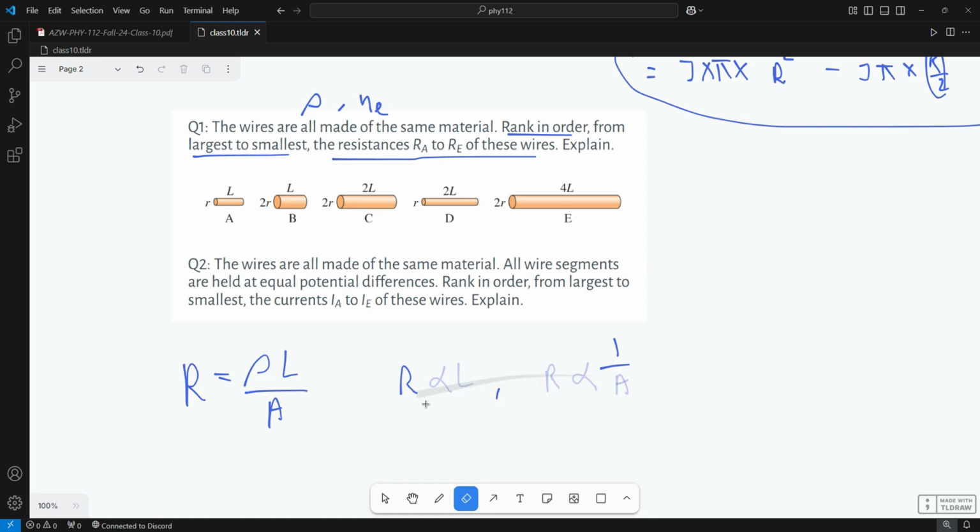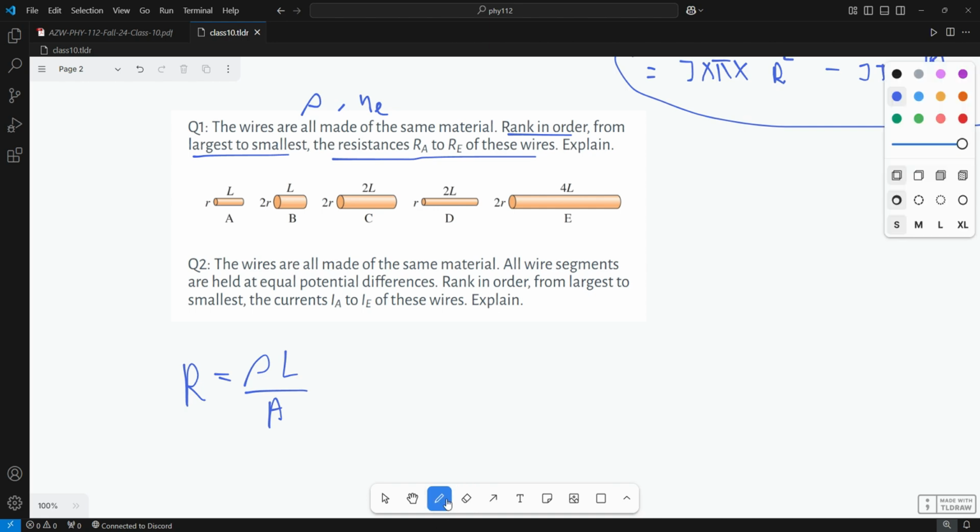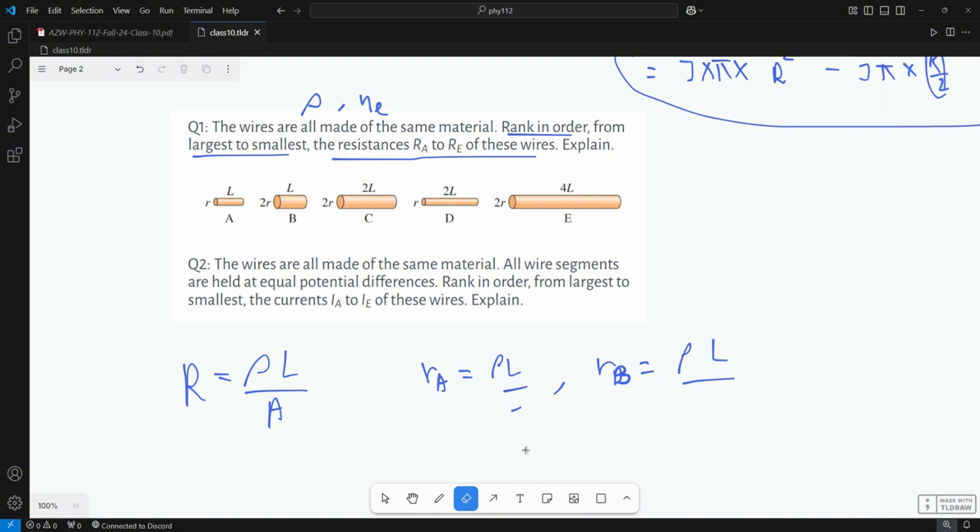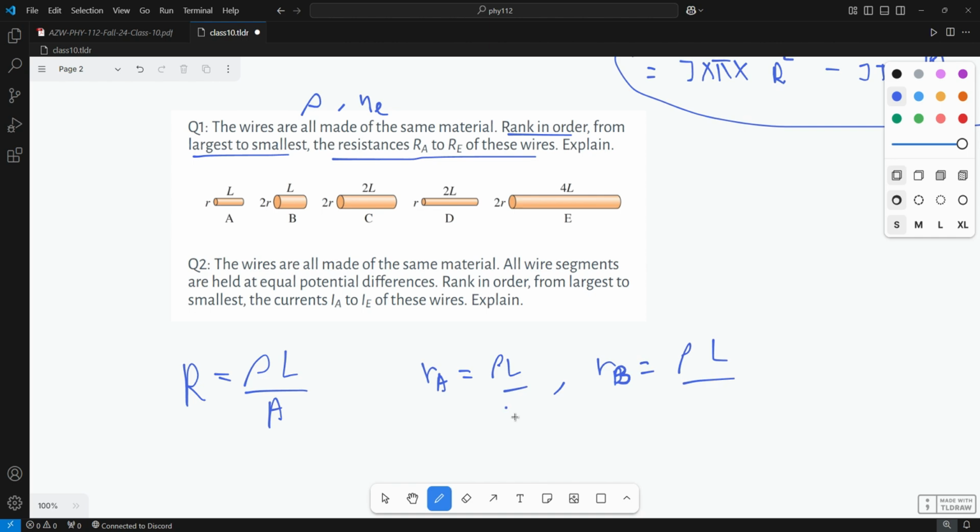So I'll be just using this formula. For A, the value of Ra will be rho L by A. For B, the value of RB will be rho times L by, let's just substitute A with pi r squared.